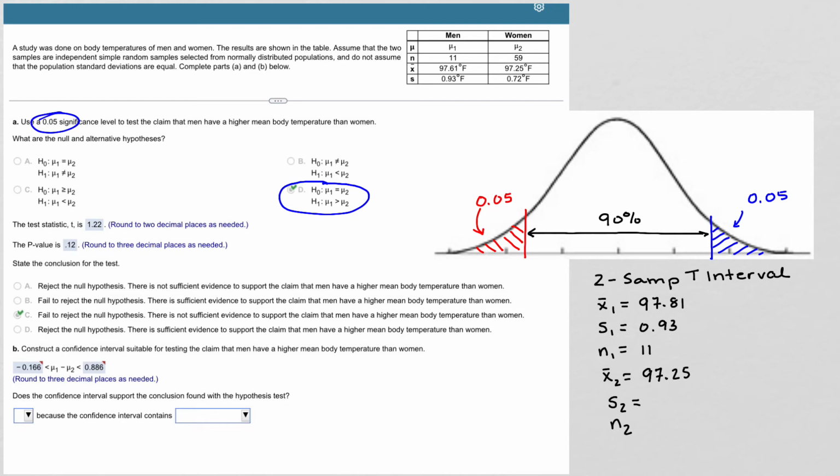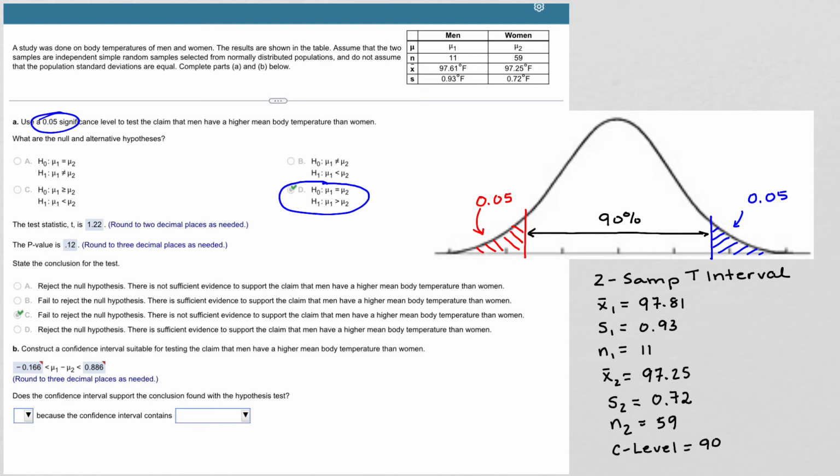Standard deviation was 0.72. And N2 is 59. Okay. So we've got our sample information here, and now we just need to say what the confidence level is, and that's the 90% that we got above.